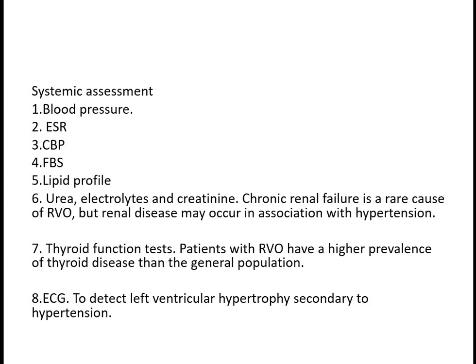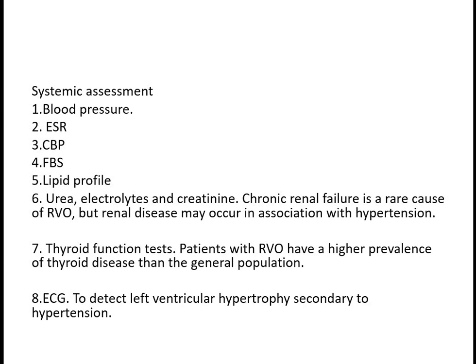First of all, any patient presenting to me with vein occlusion and hemorrhage in the retina, I send the patient to the physician before I start my treatment. The physician will check the blood pressure and send the patient for investigations: ESR, complete blood picture, fasting lipid profile, looking for the important risk factors, urea and electrolytes.